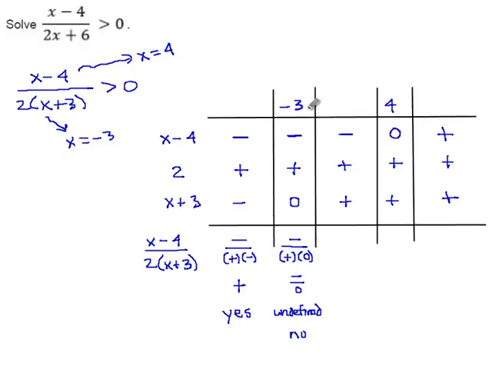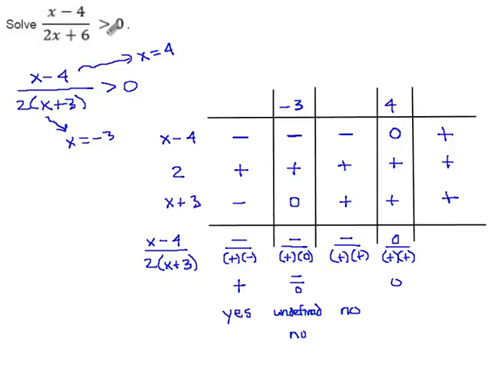If we're between -3 and 4, we get negative over positive times positive. That's negative overall. Is negative greater than 0? Nope, that's not part of our solution either. Here we get 0 over a positive times another positive, which is 0.